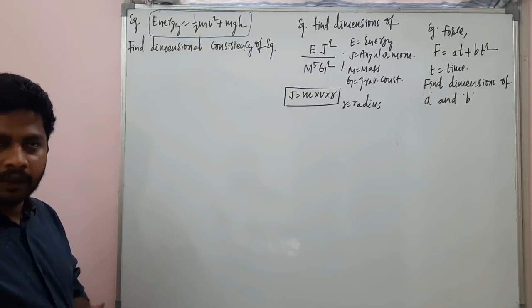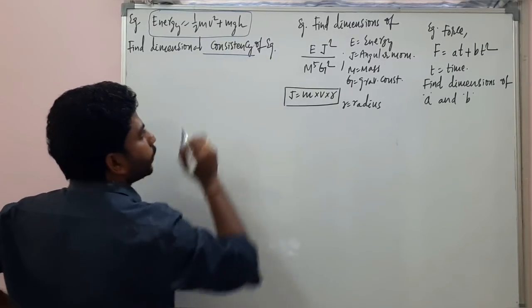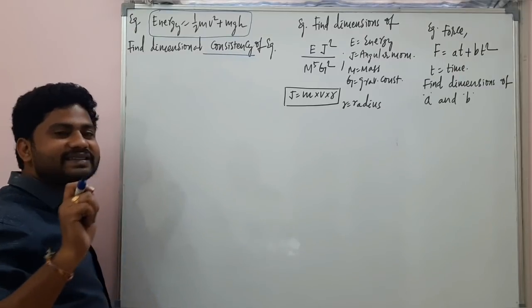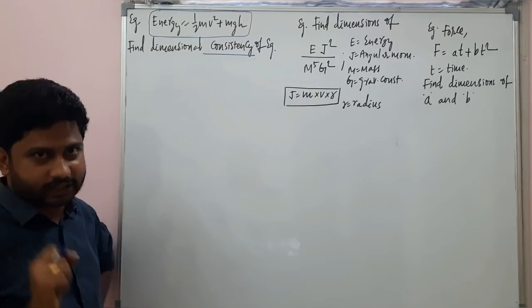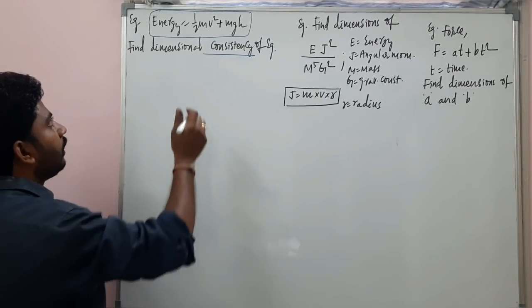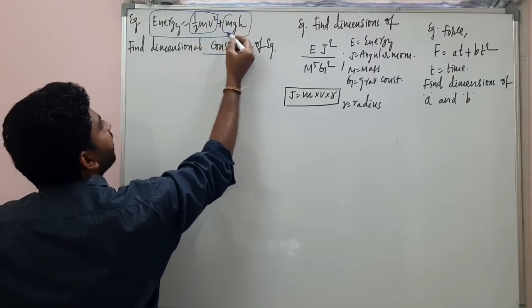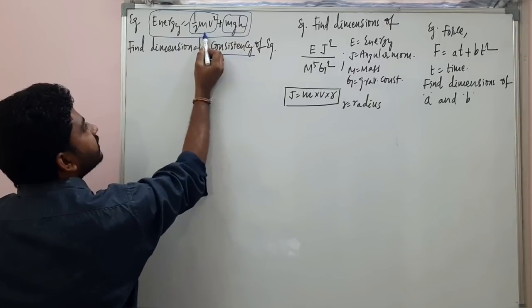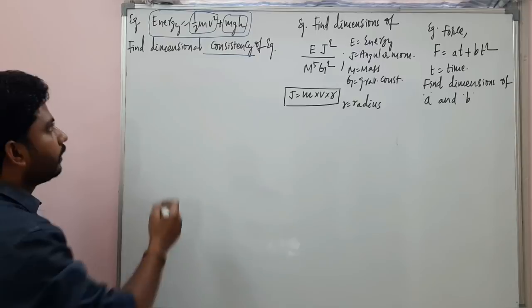Question is, find the dimensional consistency of the equation. Dimensional consistency means you need to check the dimensional correctness of the equation. How to check it? These two entities are adding, so this dimensional formula must be equal to that dimensional formula.